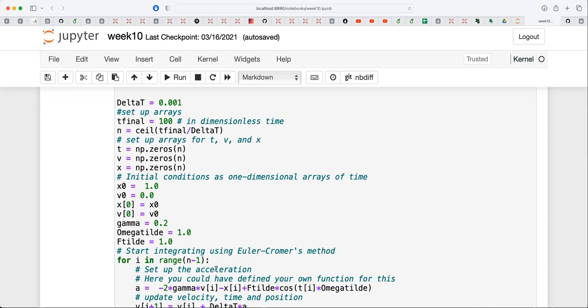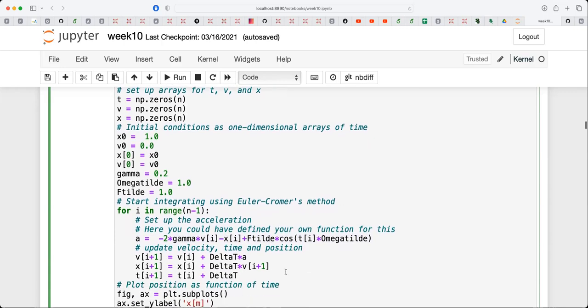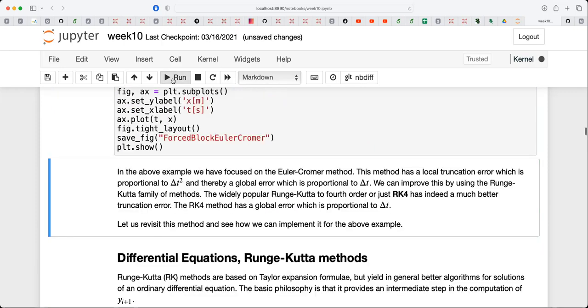When you run this simulation, the only thing you need to do is set up the acceleration, which is given by this gamma multiplied with V, and then you have an F tilde times a cosine multiplied with this omega tilde here. I'm using the Euler-Cromer method, where the only thing I do is use the updated velocity to calculate the position.